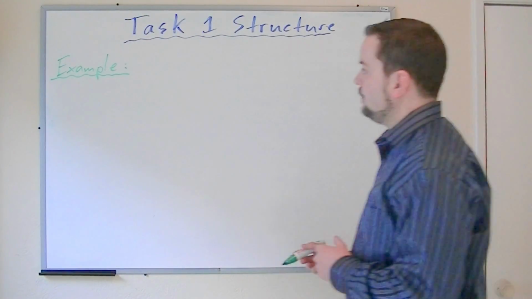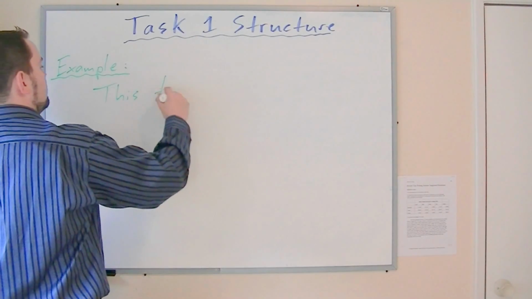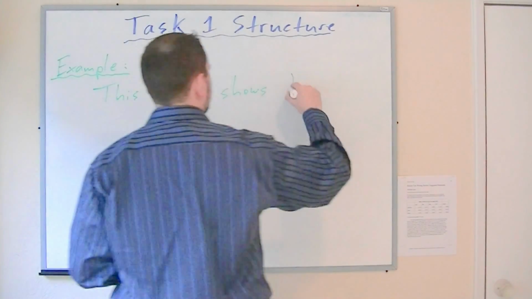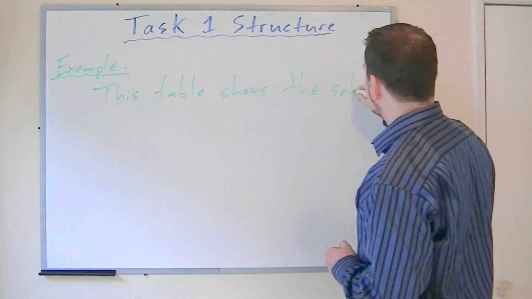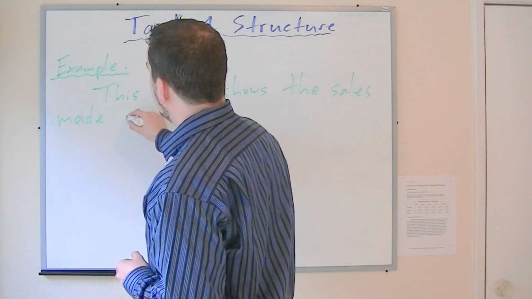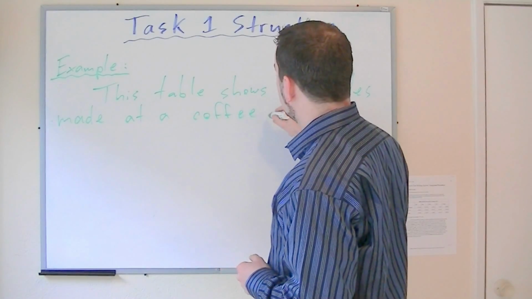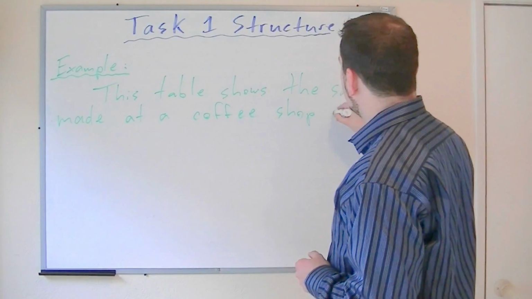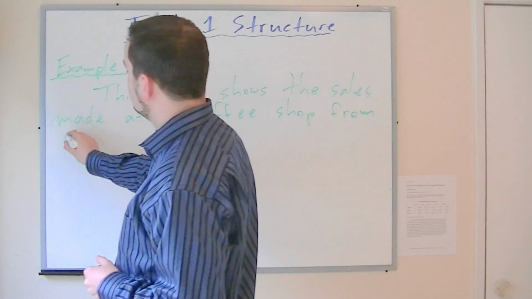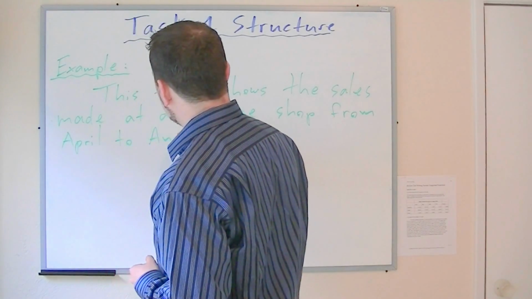So, this table shows the sales made at a coffee shop from April to August.